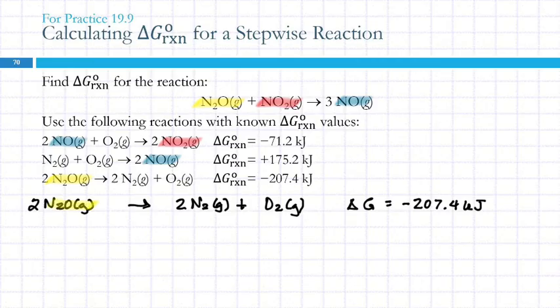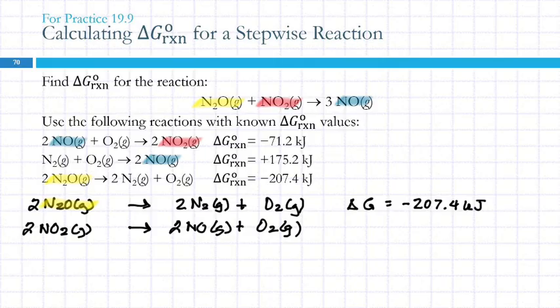So there's my N2O. I need NO2 also to be a reactant. NO2 only shows up in this one. So I'm going to use this equation, but here NO2 is a product. I need it to be a reactant. So I'm going to write that equation backwards. 2 NO2 making 2NO plus O2.